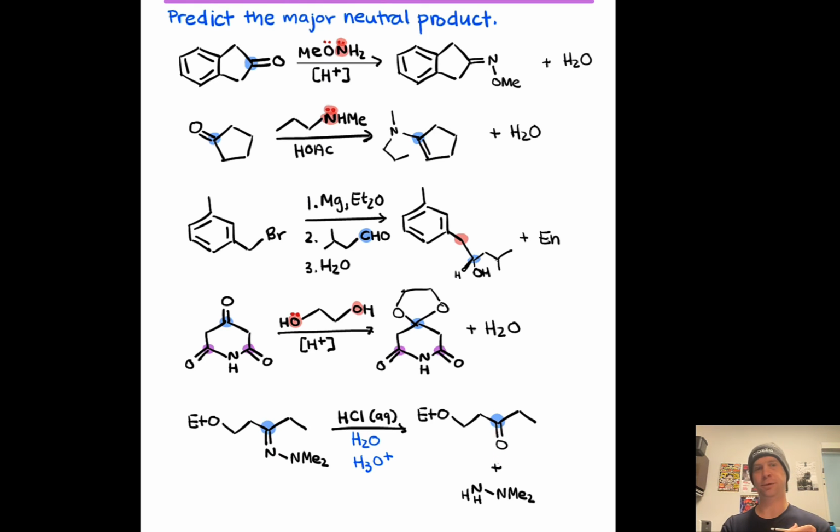This parallelism between imine formation in the forward direction and imine hydrolysis in the reverse direction, and here water is used as a reactant and here water is a product, is important to notice in these nucleophilic additions. It allows you to see hydrolysis in the light of reactions you already know, just as the reverse of mechanisms and reactions that you've already seen.